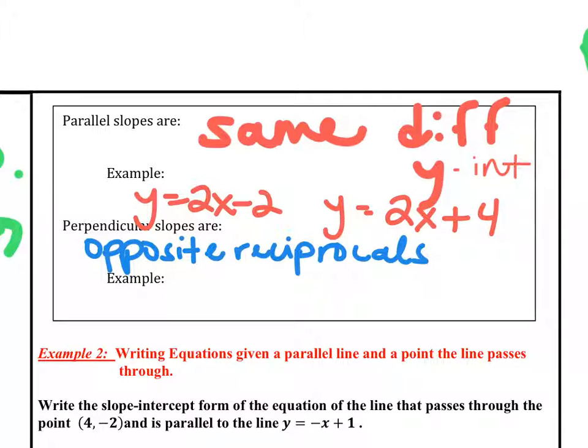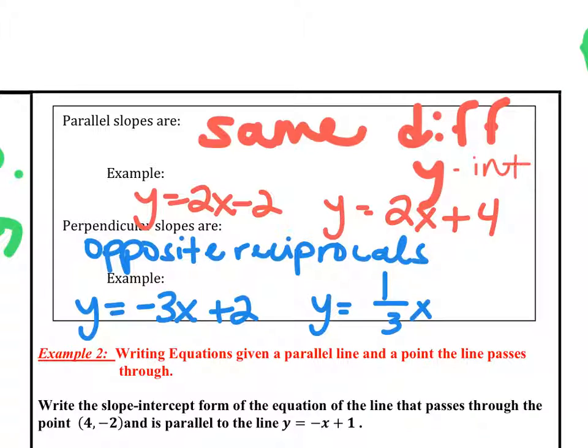Let me show you two examples. y equals negative 3x plus 2, and y equals positive 1/3 x plus 7. You change the sign and you flip the fraction. So they're opposite in sign, and then you flip the fraction to the reciprocal.